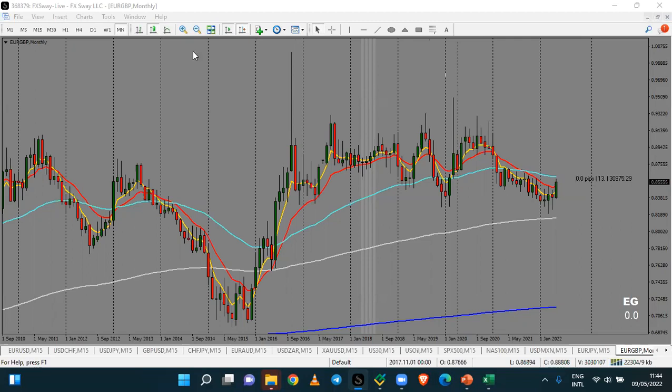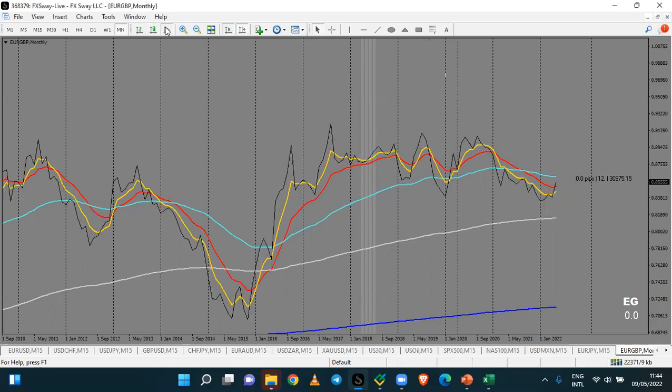On the monthly chart, we look at the market structure, so we look at the support and resistance points that are close to the current market price. I usually use the line chart, which shows where exactly the market has reversed.